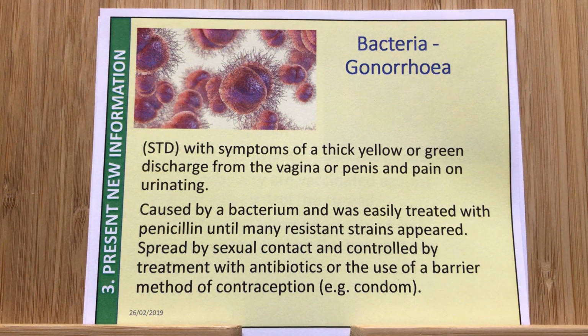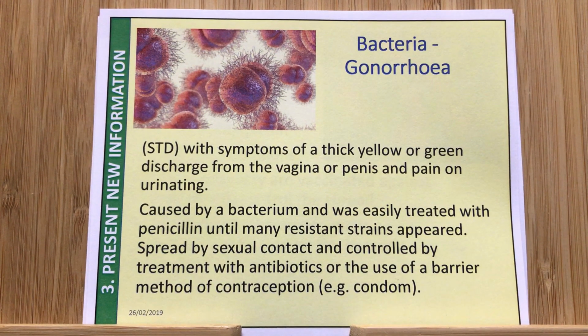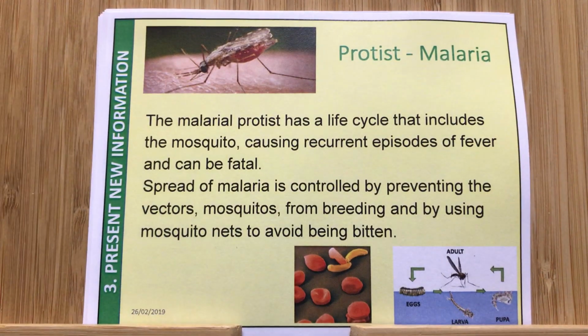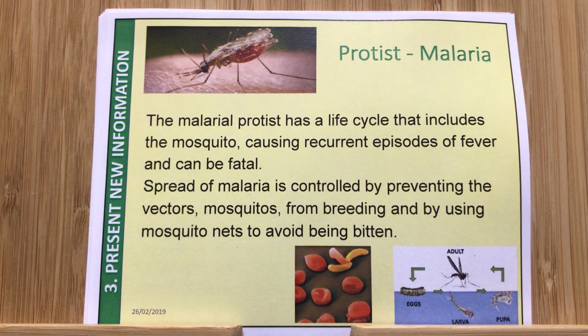However, resistant strains have appeared that make it more difficult to treat. Spread by sexual contact, that's what I mean by sexually transmitted disease, and it's controlled using antibiotics. That's the way we treat it, and we can prevent it by using a barrier method of contraception, for example a condom.